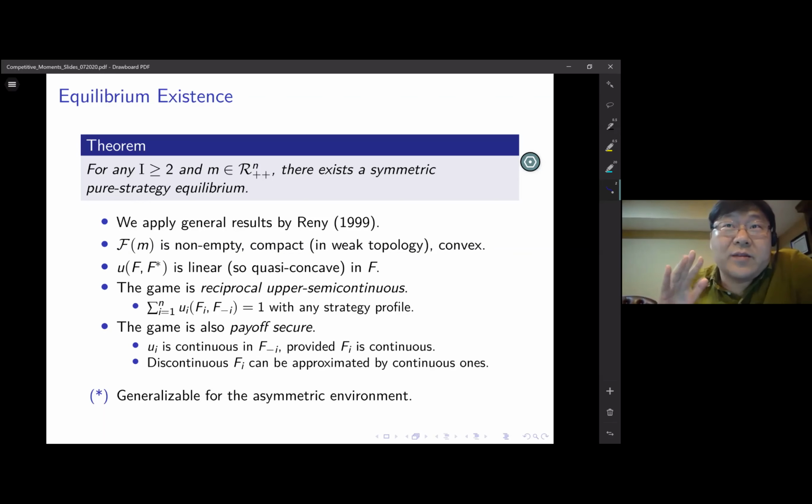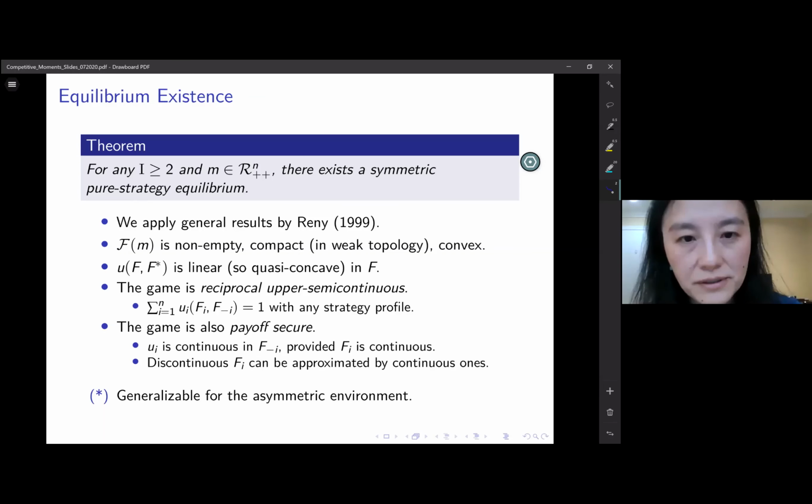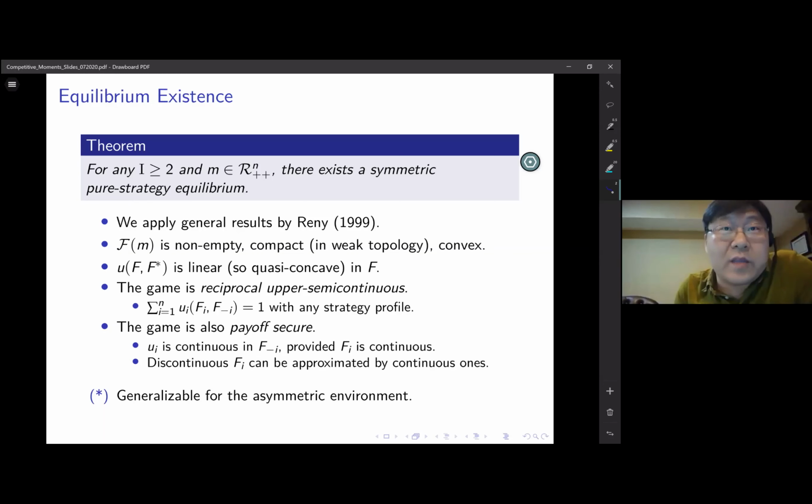There's some technical issue, but I believe that we will be able to get the result. We just don't know how yet. Quick question: when you say uniqueness, you mean symmetric equilibrium? Yes. We are only looking at the symmetric equilibrium. I will also talk about the asymmetric environment a little bit toward the end, and we can talk more about it. Okay, thank you.